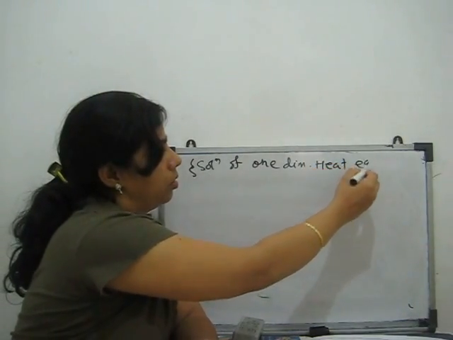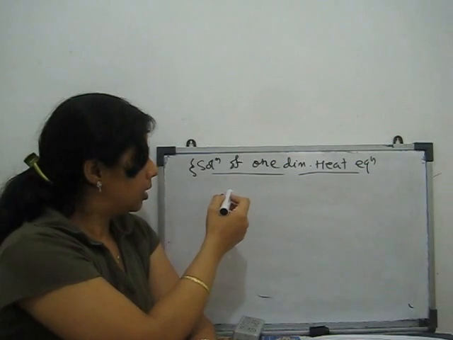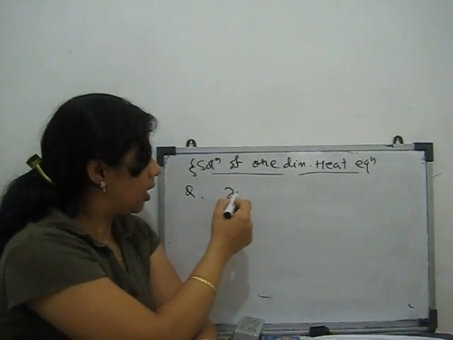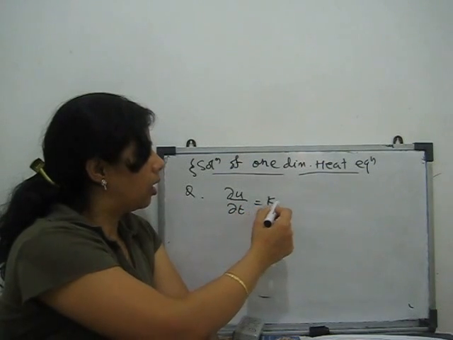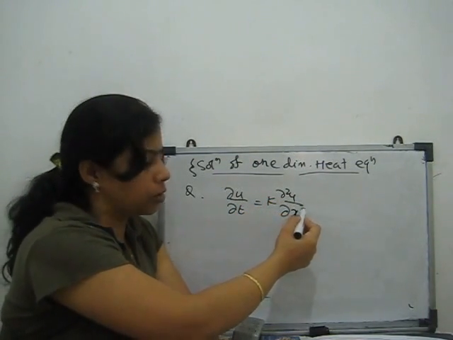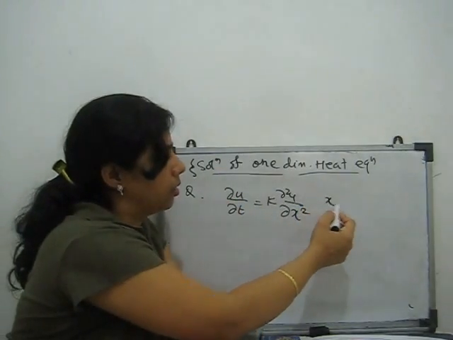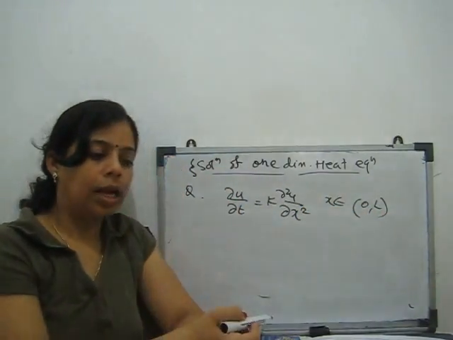Heat equation. So when we go for one dimension heat equation, what is our equation? Del u by del t equal to k del 2u by del x square, x belongs to 0 to L, correct?